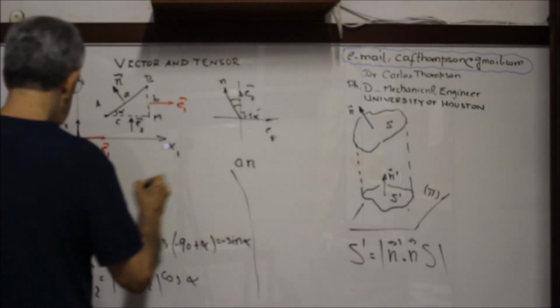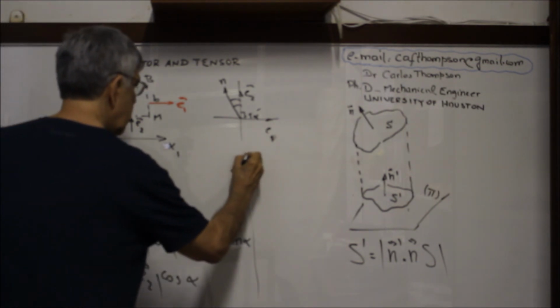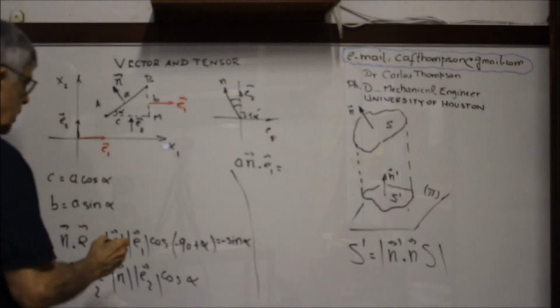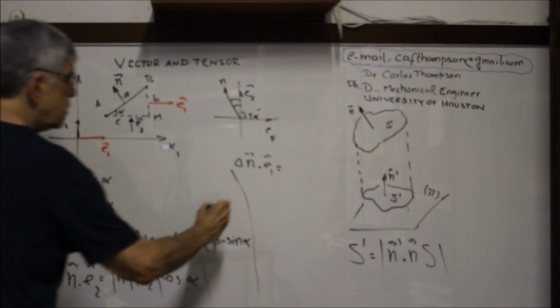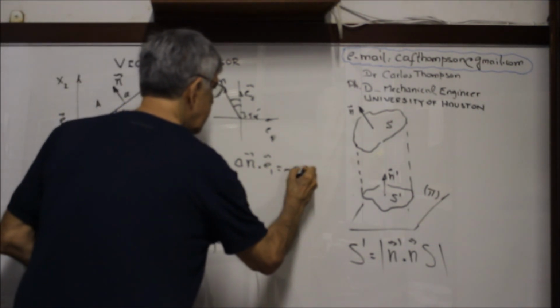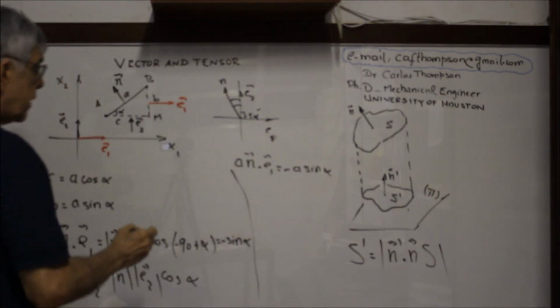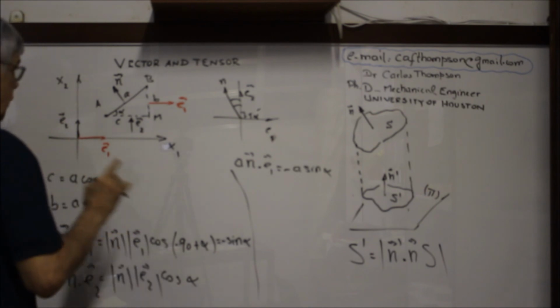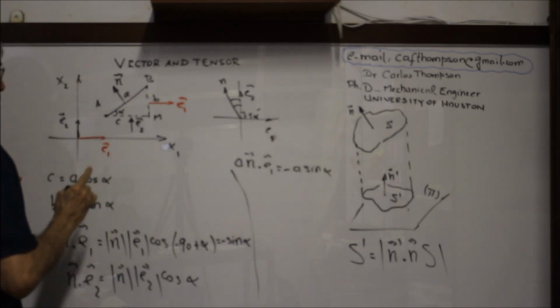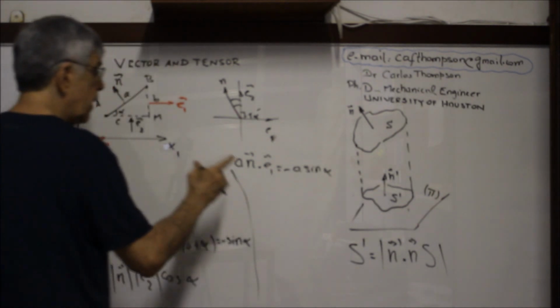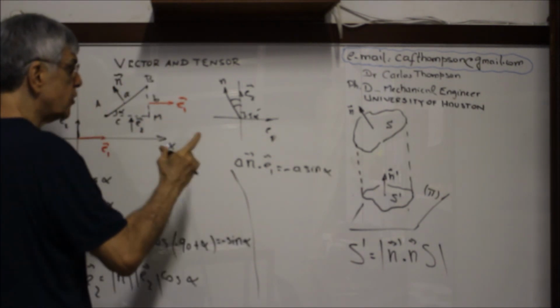Now I can write down that A N dot E1 is equal to minus A sine alpha. Let's think about the magnitude only.